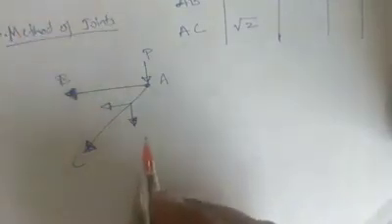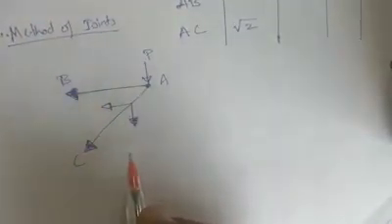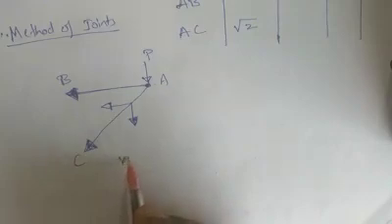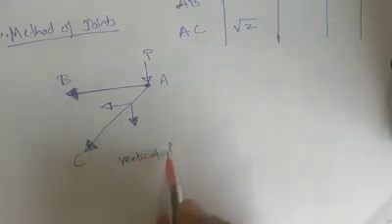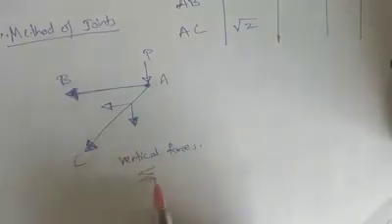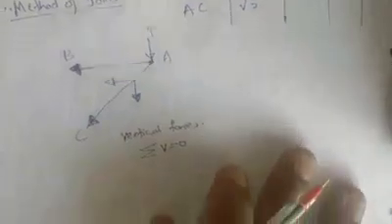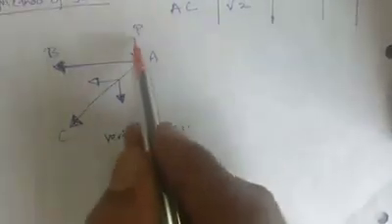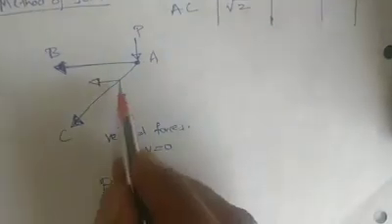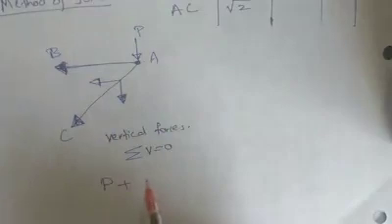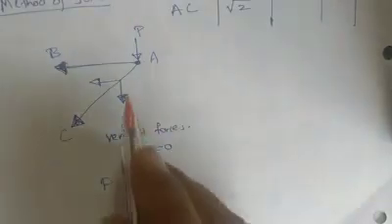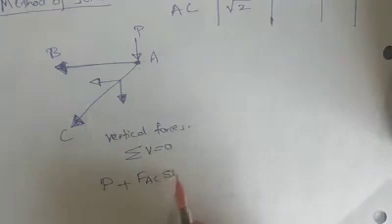Now we go for summation of vertical forces. Sigma V is equal to 0. So this is also vertical force, same direction. P plus FAC sine 45 degrees is equal to 0.